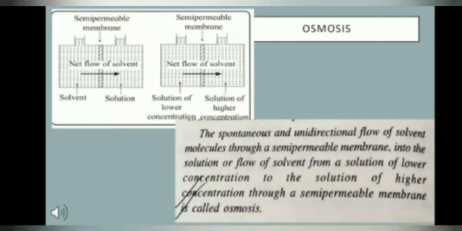This results in the decrease of concentration of the solution. The spontaneous and unidirectional flow of solvent molecules through a semi-permeable membrane into the solution, or flow of solvent from a solution of lower concentration to the solution of higher concentration through a semi-permeable membrane, is called osmosis.